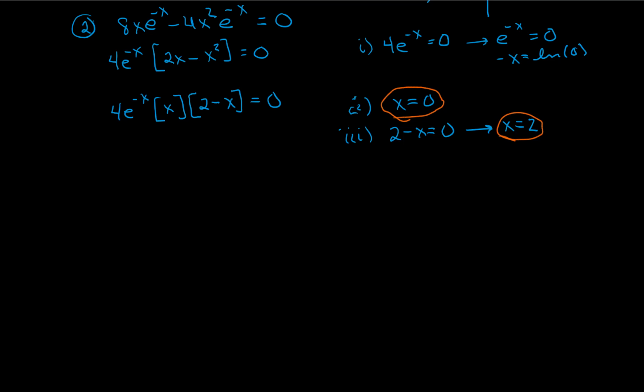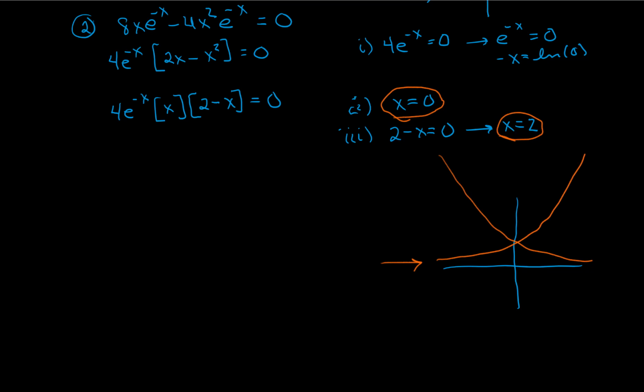What winds up being the case is e to the x and e to the negative x never equal 0. If you'll think back to the graph of e to the x, the graph of e to the x goes like this, where it runs asymptotic to the x-axis, but it never intersects the x-axis, so you never get a y value of 0. E to the negative x goes like this, and the same deal. You never get a y value of 0.